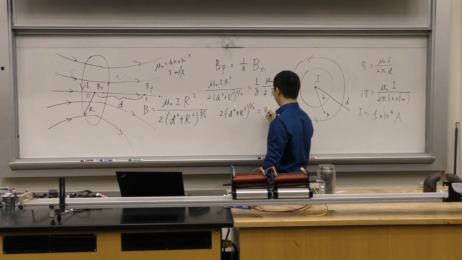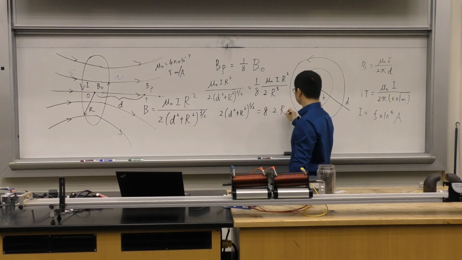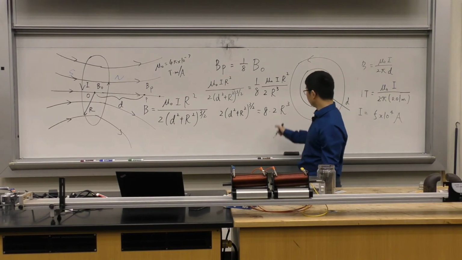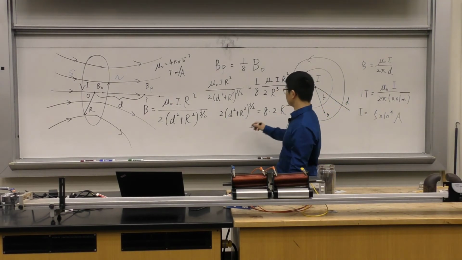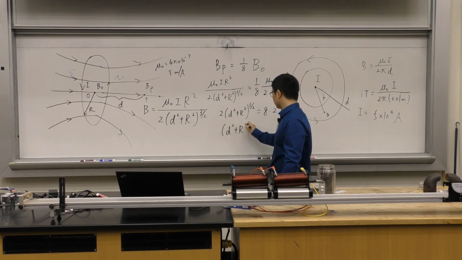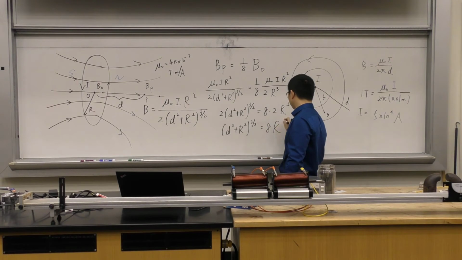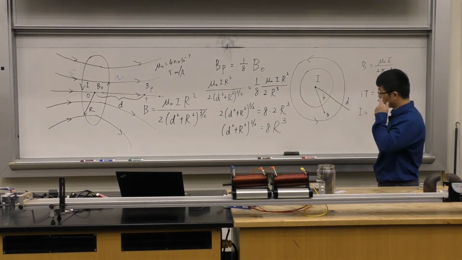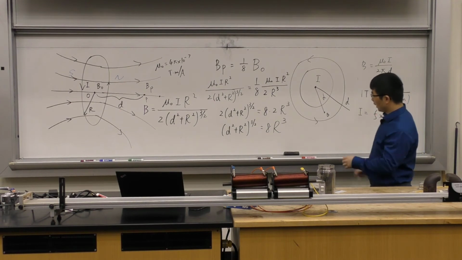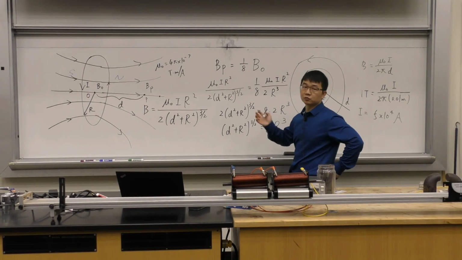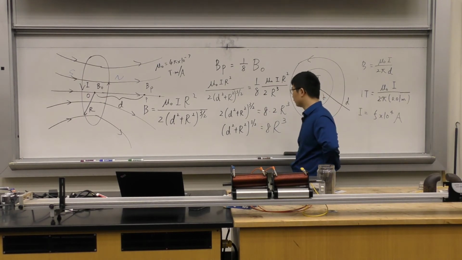Now this is all math. We can even cancel this number 2 on both sides. So I would just get (D squared plus R squared) to the power of 3/2 equals 8R cubed. How do I solve this equation? I have this guy cubed and then square root, and I'm not a big fan of square roots in general.